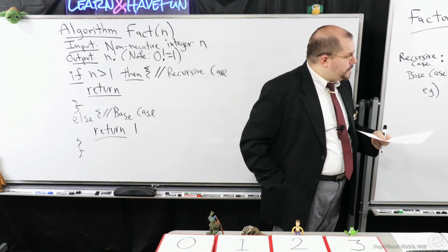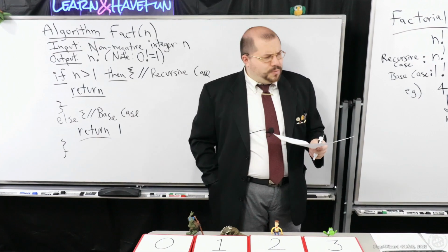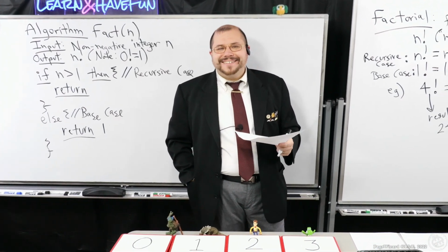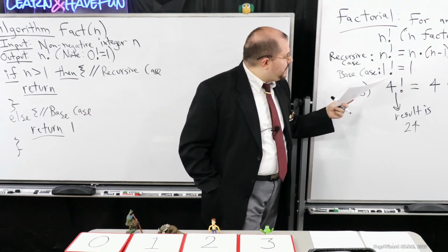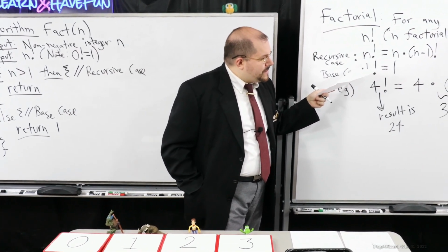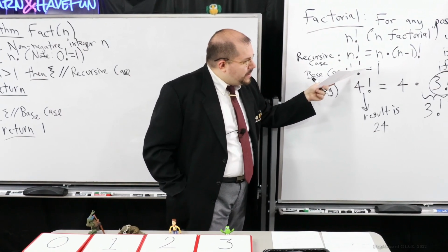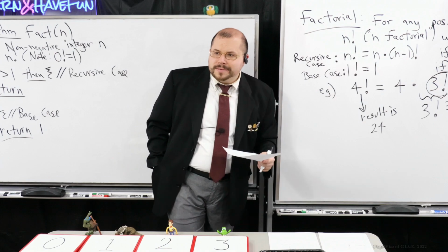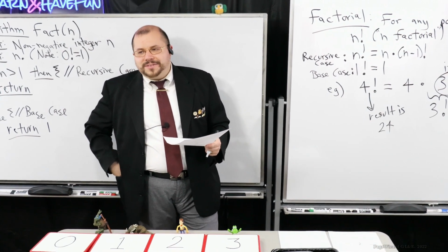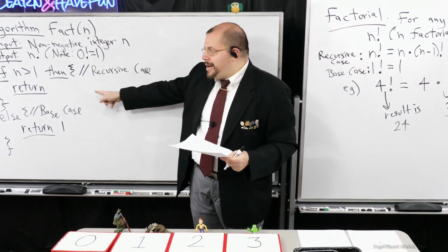Let's head over here. The recursive definition was that n factorial is equal to n times (n minus 1) factorial. So, what should go right here then?